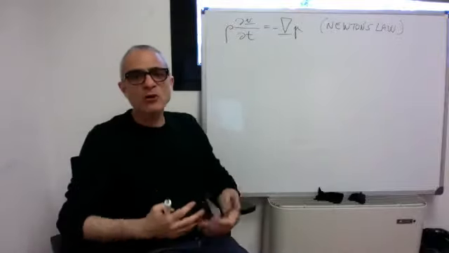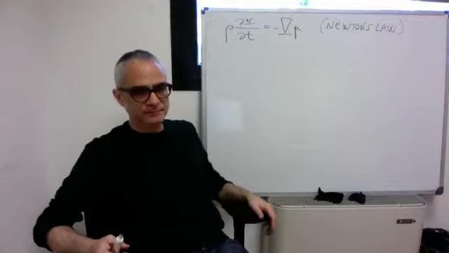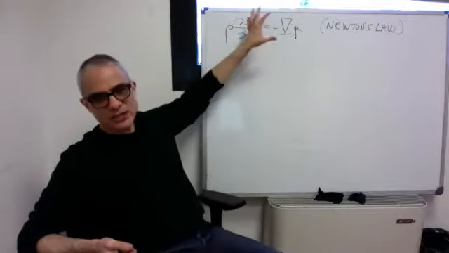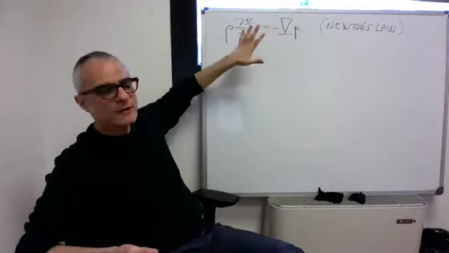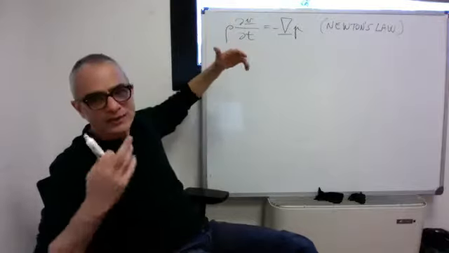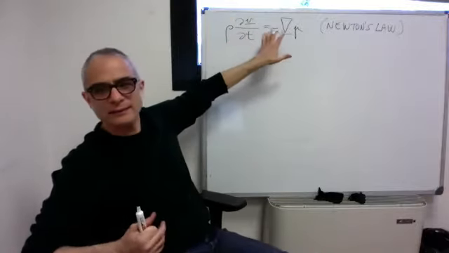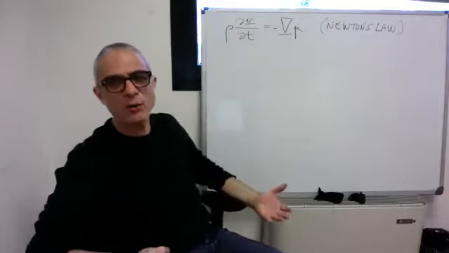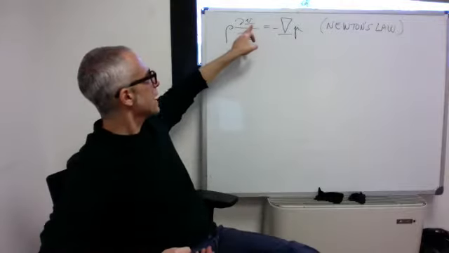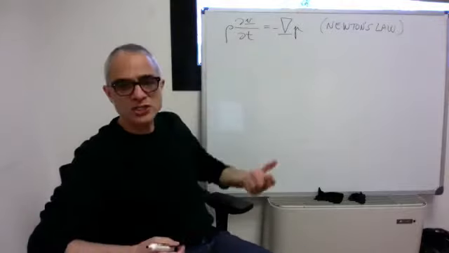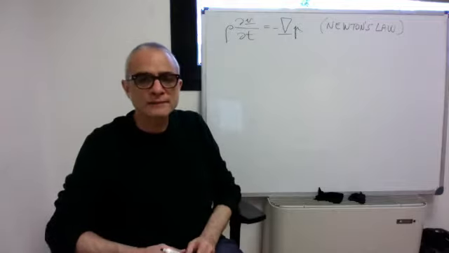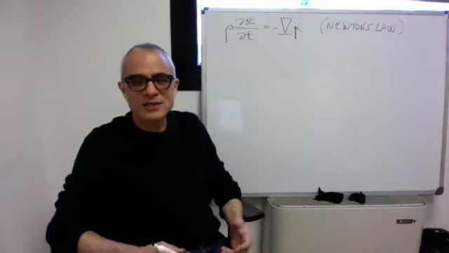Now, we basically want to follow the same strategy. We have already an equation that involves some derivatives. You can call it a differential equation, but we cannot solve it right away because we have the velocity here, we have pressure here, they're both unknown. We can't just do the math, right?